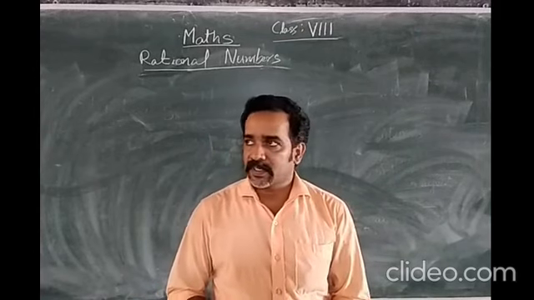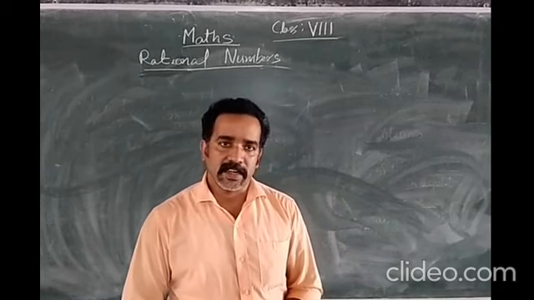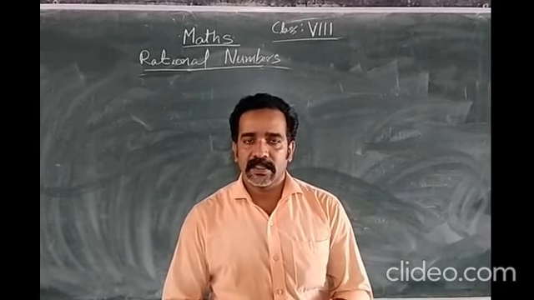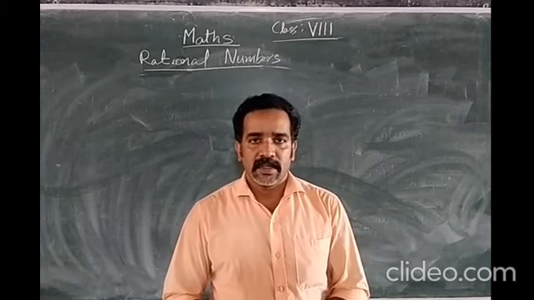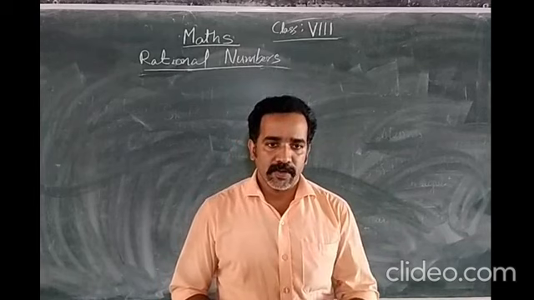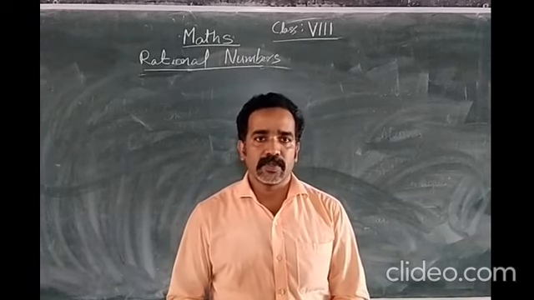Our new chapter is rational numbers. The first chapter, rational numbers. So maths always starts with the numbers. Whenever you are attending the class, you have to be ready with a book and pen and a pencil.